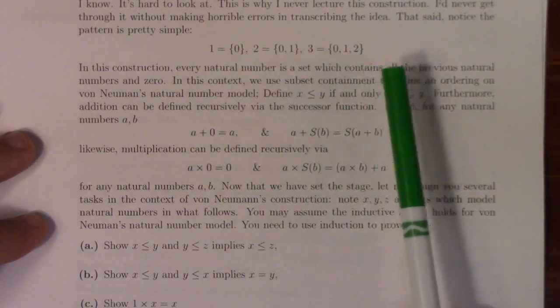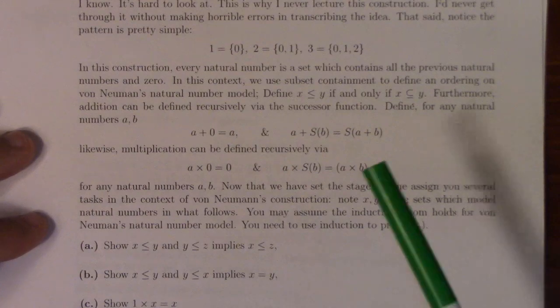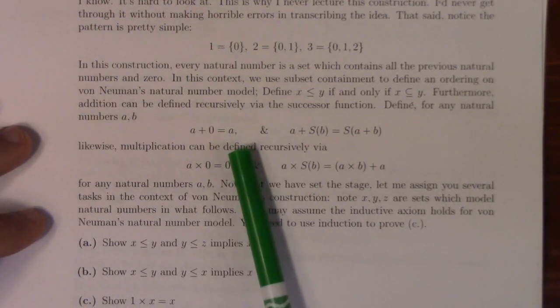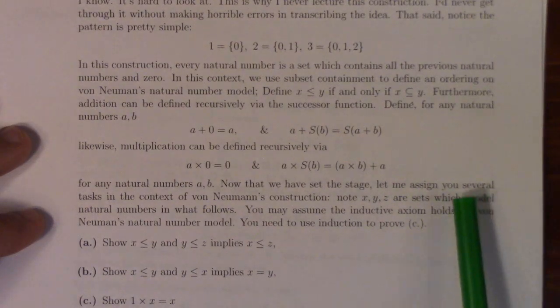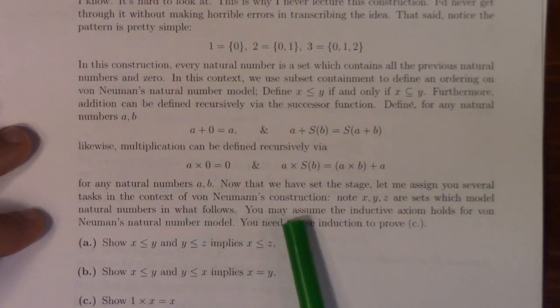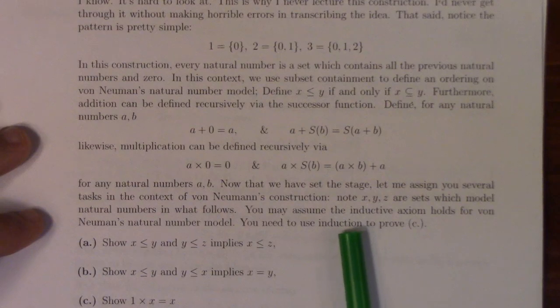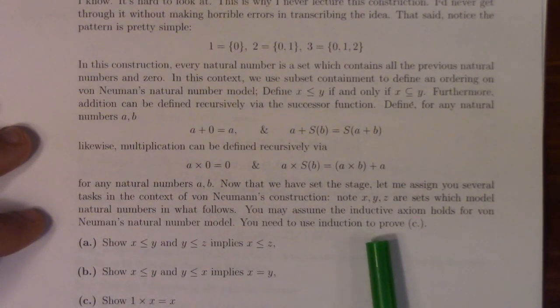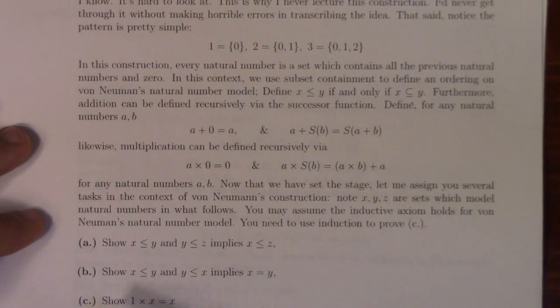And as such you can define addition and multiplication in this world of thinking in terms of the successor function, right? This construction is due to von Neumann, who did some really deep work in mathematics and also, I believe, computer science. But anyway, this is a model of the natural numbers in terms of set theory.